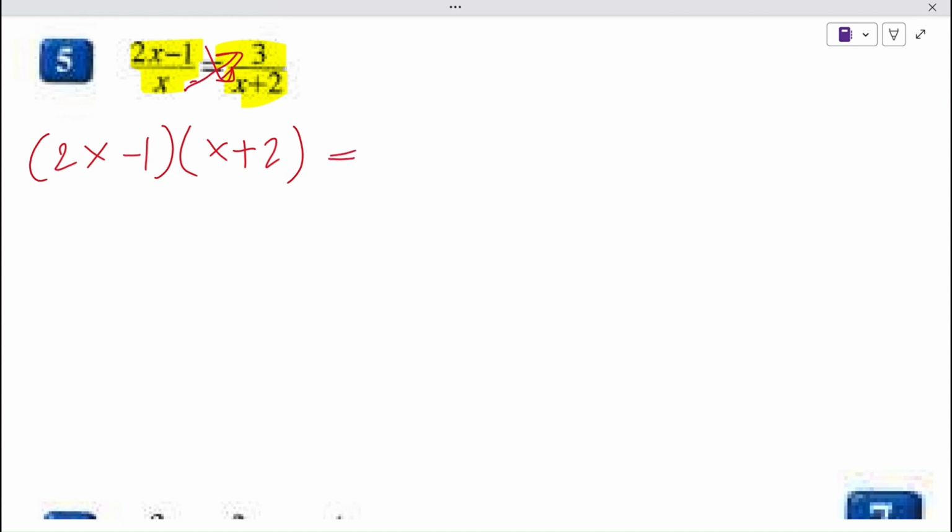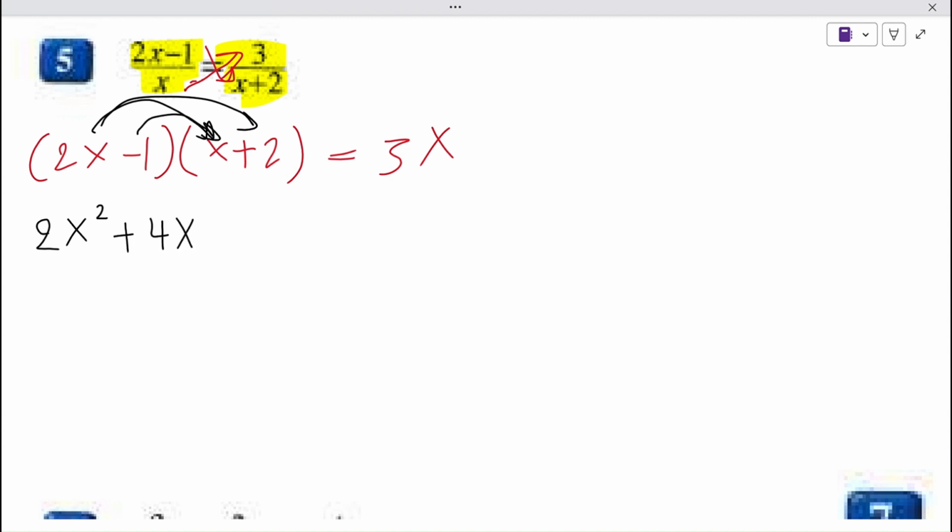Now let's multiply these two brackets together. 2x times x is equal to 2x squared. Then 2x times 2 is equal to 4x. Minus times x is equal to minus x.